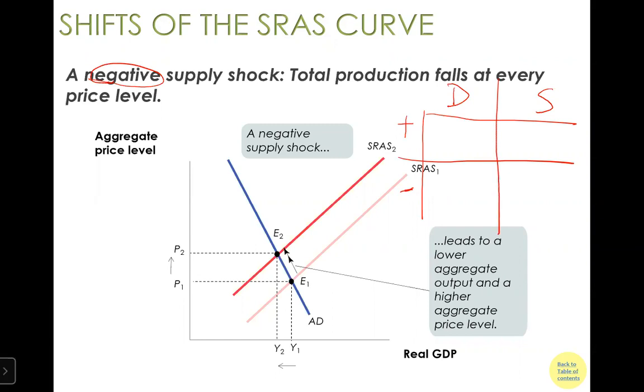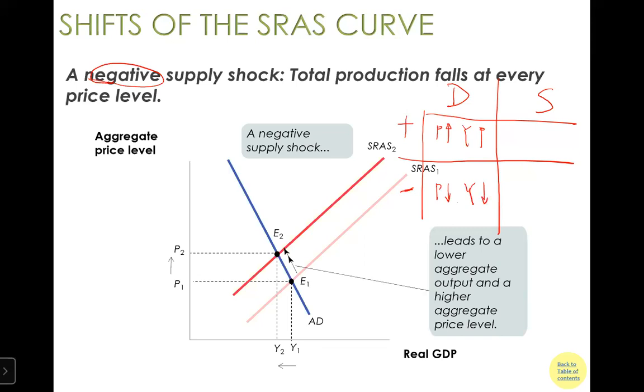Start with demand shock. If there's a positive demand shock, that's going to lead to a price increase and output increase. If it's a negative demand shock, price declines and output declines.